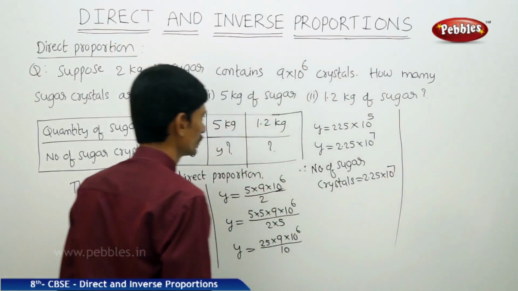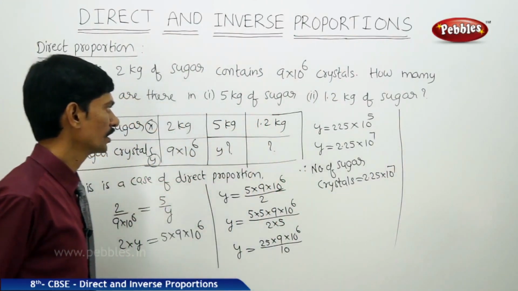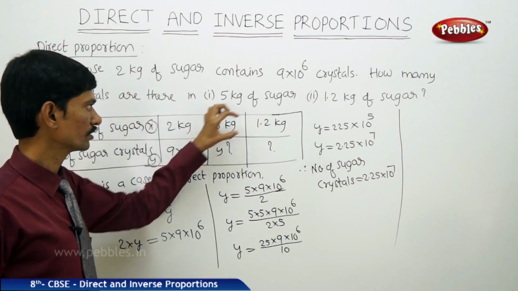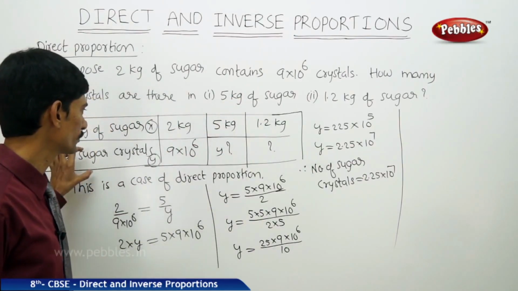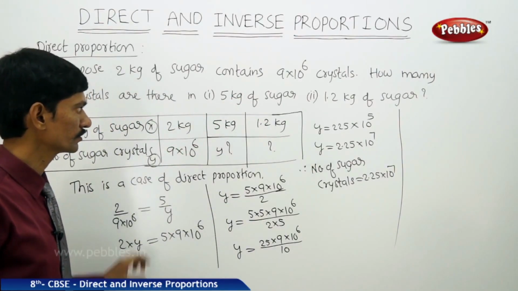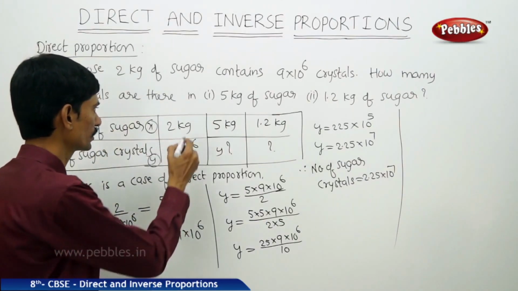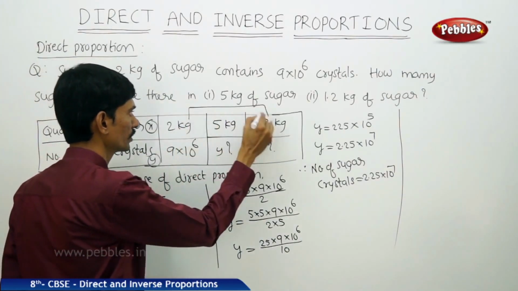Now let us find the other case. Here if the quantity of sugar is 1.2 kilograms, then we have to find the number of crystals present in it. So again you will take the first case with the third case.